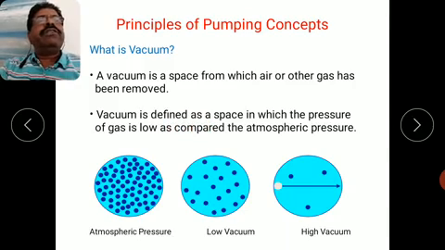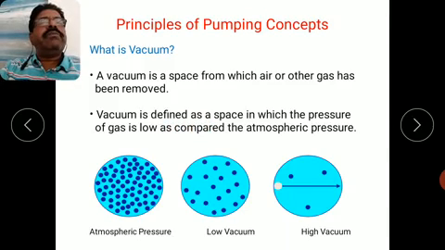The second definition is that it is related with the pressure. So in kinetic theory of gases, you have studied that the gas molecules are continuously in a state of motion, and in this process they are continuously colliding with the walls of the container in which they are filled.